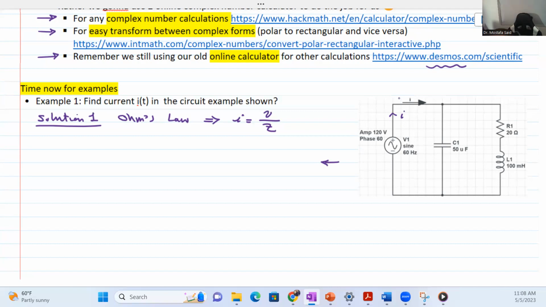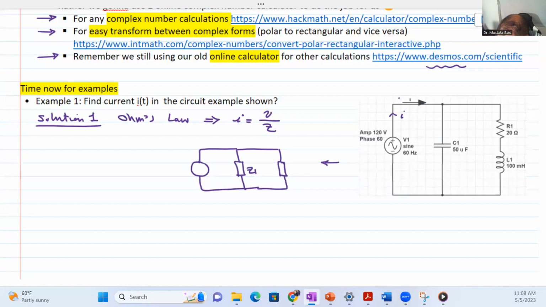This branch will be an impedance for us. The middle branch is another impedance, whether inductor, capacitor, whatever. Then the third branch is basically the source.